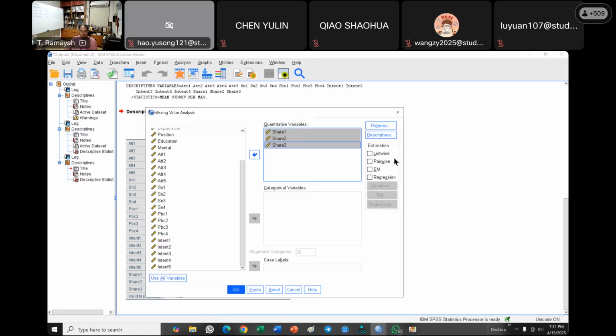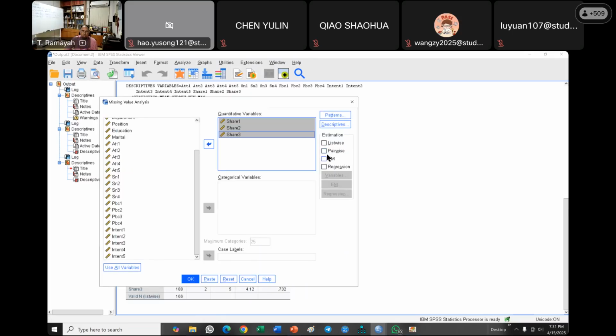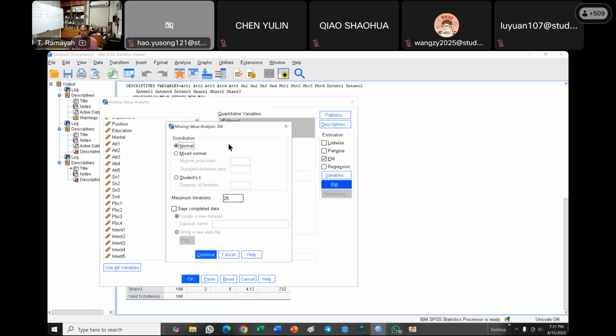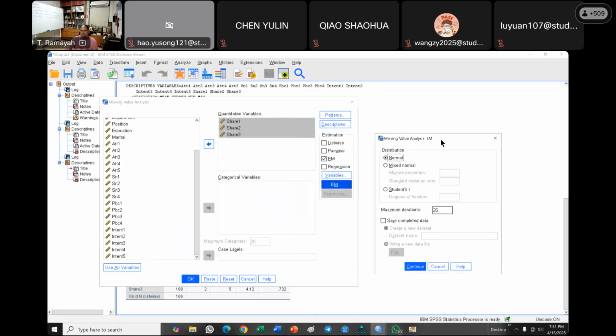We want to pick EM, which is expectation maximization. When you click the EM, you get this chart. We want to save the completed data with a file name. You can give any file name; I use the name no missing. They will only replace the numbers for these three items.